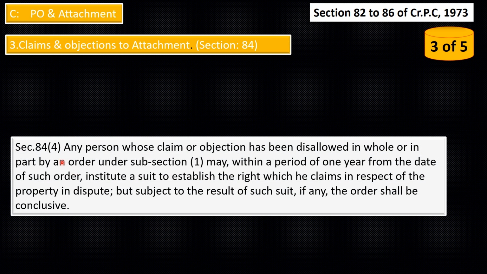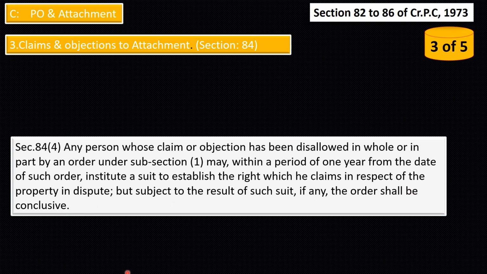It says any person whose claim or objection has been disallowed in whole or in part by an order under subsection 1 may, within a period of 1 year from the date of such order, institute a suit to establish the right which he claims in respect of the property in dispute, but subject to the result of such suit, if any, the order shall be conclusive.